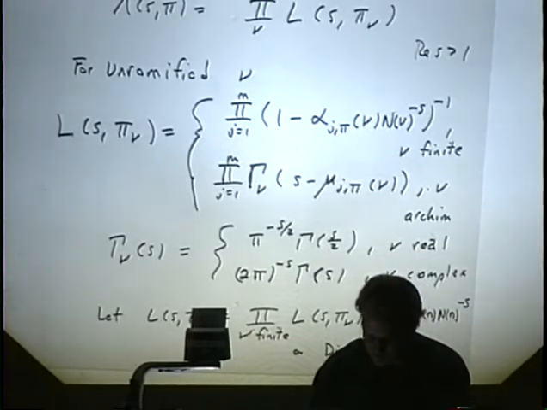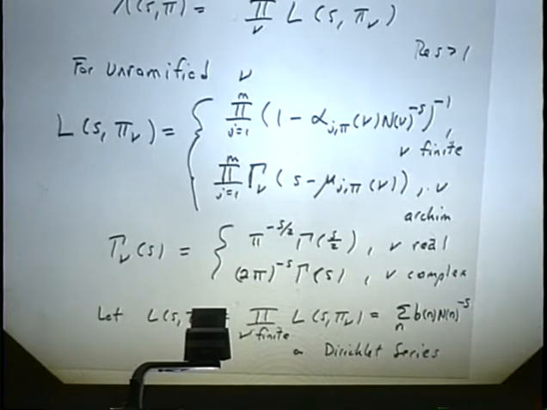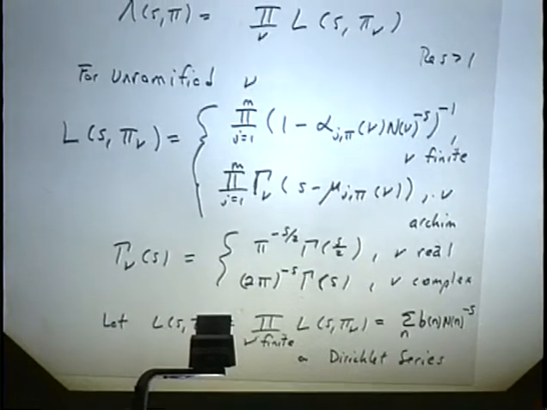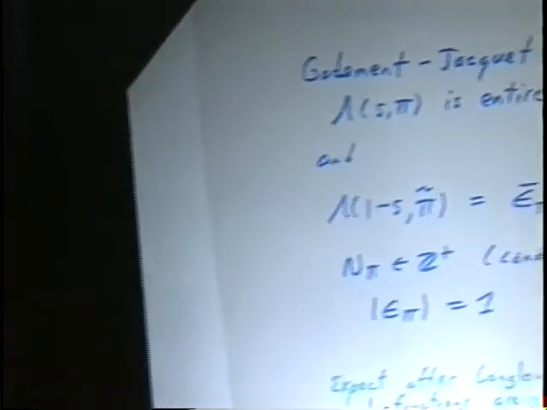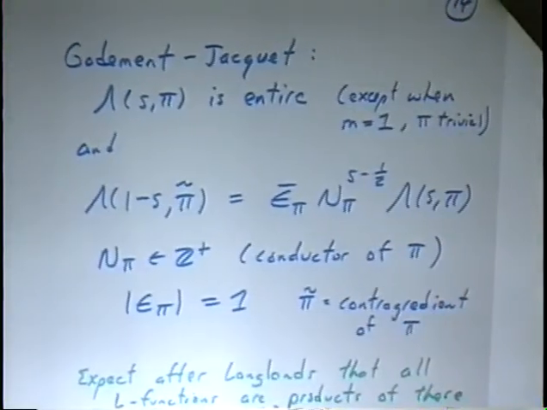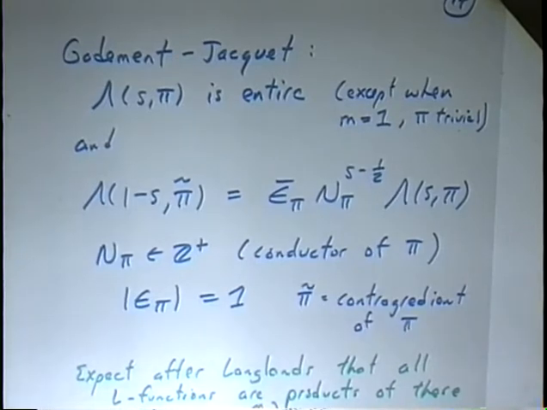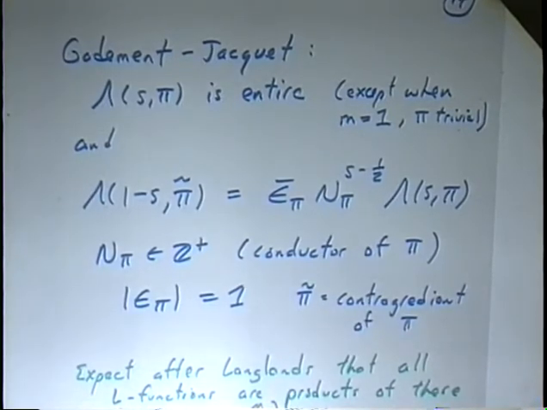So these are wonderful L-functions, and many things we know about the Riemann zeta function and the Hecke zeta functions and GL(2) zeta functions are known for these, due to Godement-Jacquet. So for example, lambda is entire, except when m is 1 and pi is trivial, where we have a Dedekind zeta function.